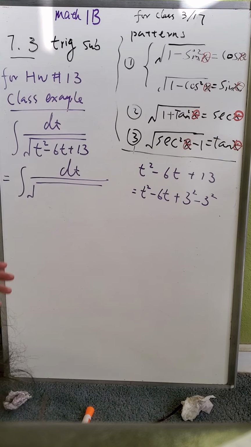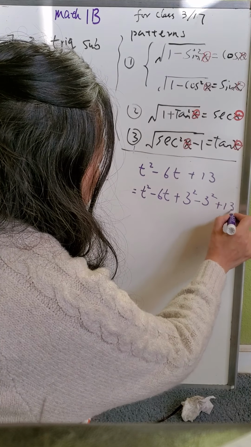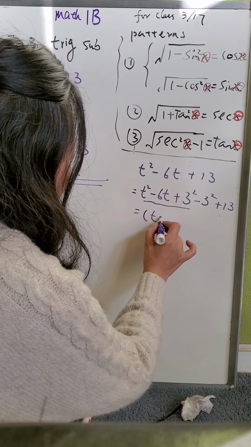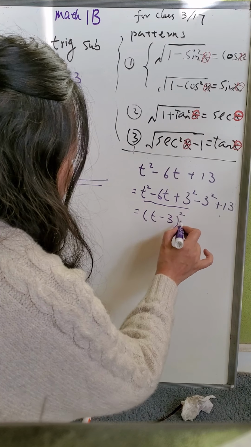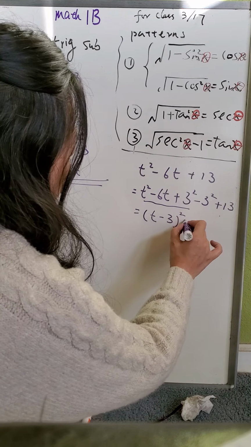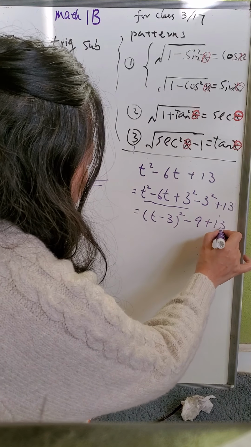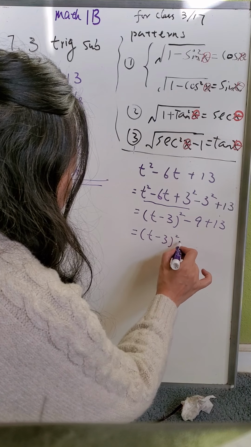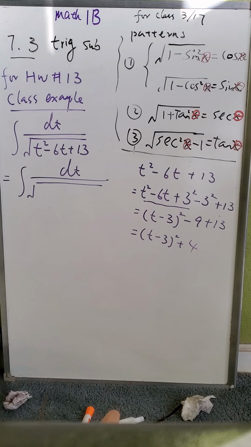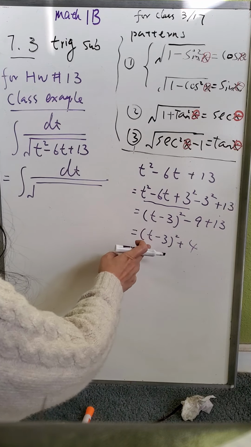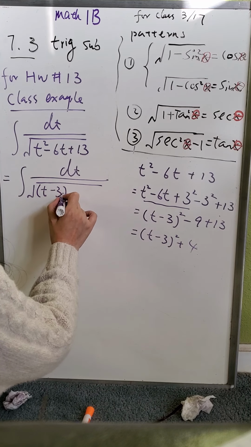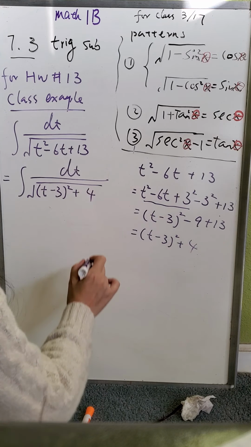You cannot add something and not subtract it, or you change the problem. So plus 13. This 3 here will become t minus 3 squared, and this is minus 9 plus 13. So that becomes t minus 3 squared plus 4. Is that right? Okay. Now you're going to put this one inside here.